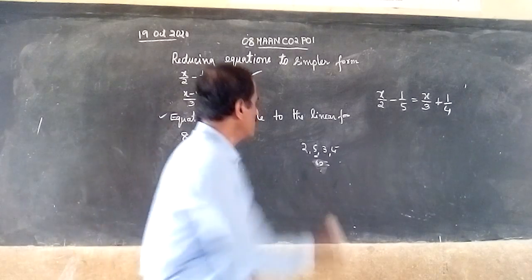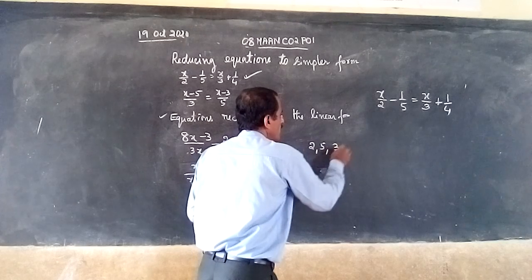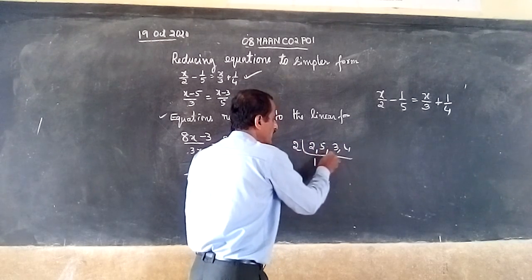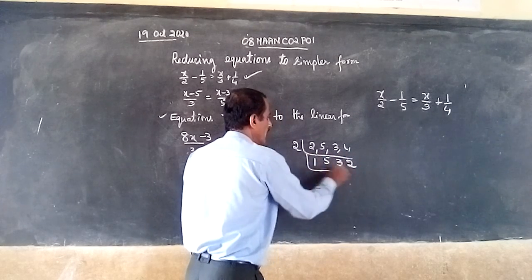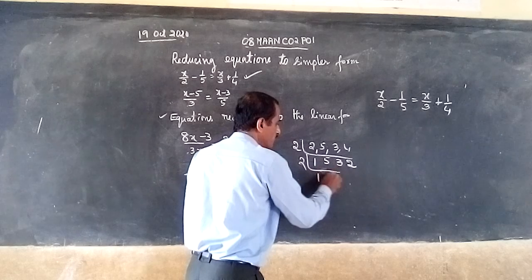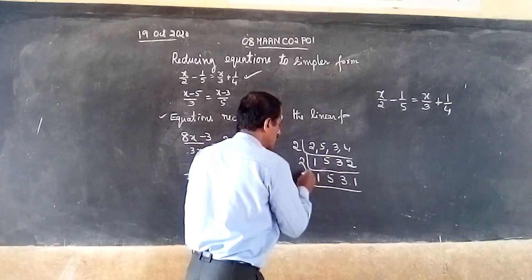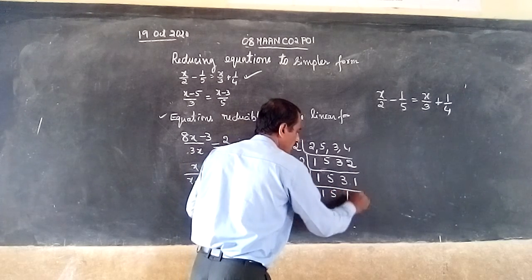Or how to find the LCM in a simpler way? Write 2, 5, 3, 4. Divide by 2: 2 ones are 2, 5 as it is, 3 as it is, 2 twos are 4. Again by 2: 1 as it is, 5 as it is, 3 as it is, 2 ones are 2. Next by 3: 1, 5, 3 ones are 3, 1.